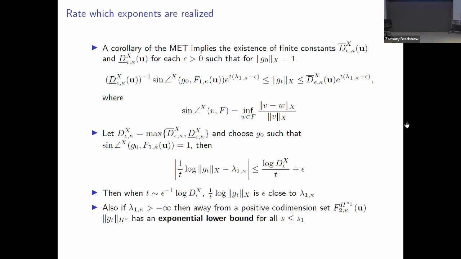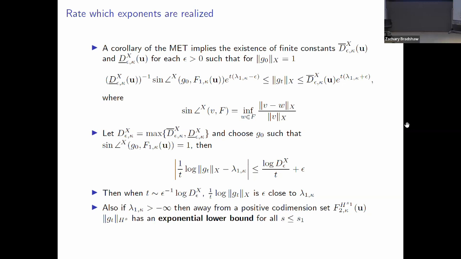Moreover, these constants are really valuable. If you can measure or estimate them, they tell you almost explicitly how long it takes to reach this exponential rate. If you wait times like epsilon to the minus 1 times log of, say, the max of these two constants, then you know that 1 over log G t is epsilon close to this number.